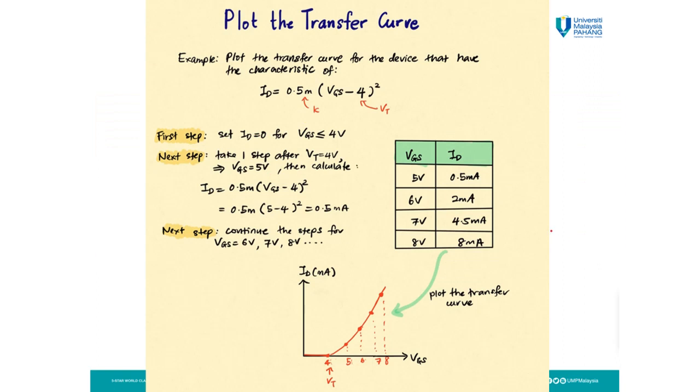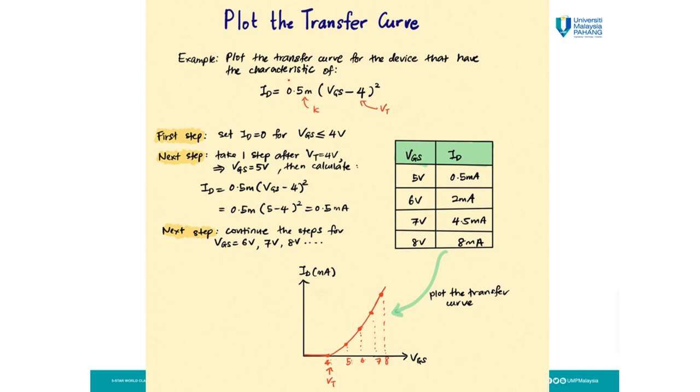Okay, now we want to plot the transfer curve. I give one example to explain how to plot the transfer curve. Plot the transfer curve for the device that has the characteristic ID equals 0.5 milli multiplied by (VGS minus 4) squared.